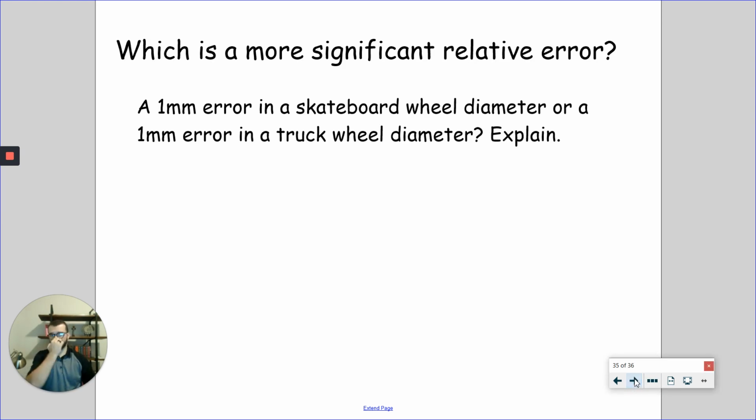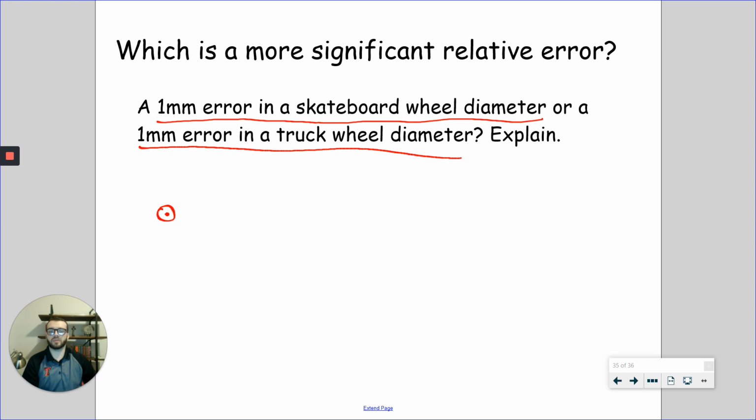Okay, so what's more significant here? A 1 millimeter error in a skateboard wheel diameter, or a 1 millimeter error in a truck wheel diameter?